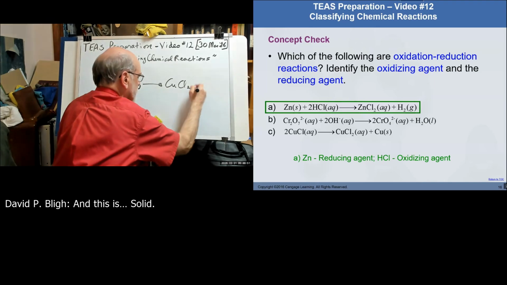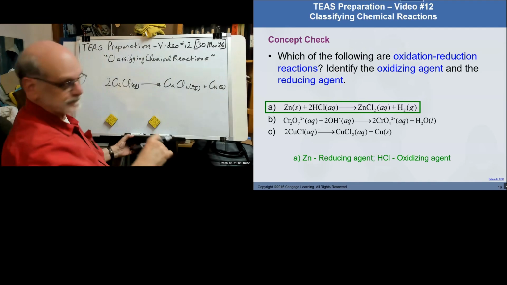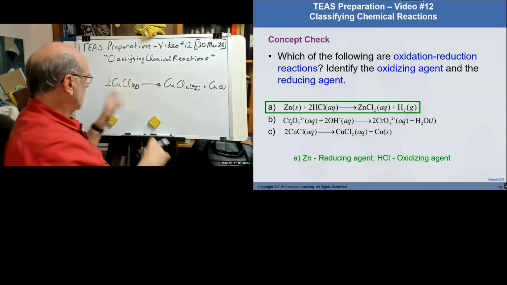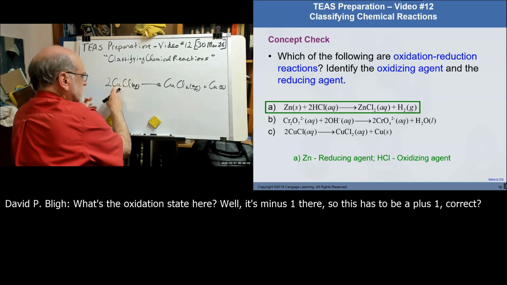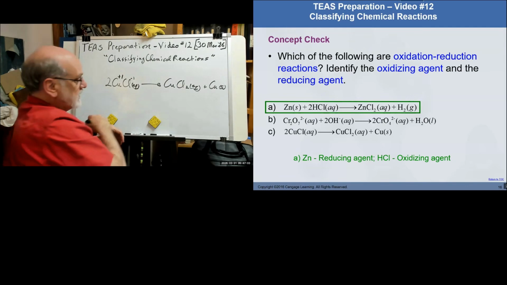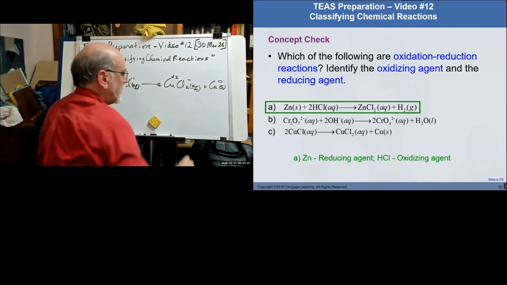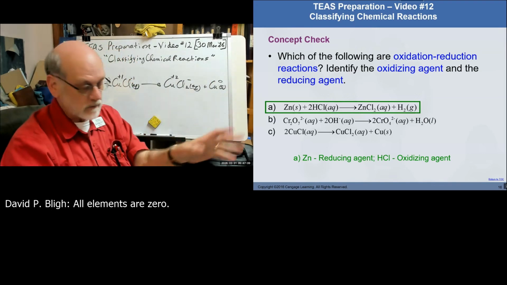This is aqueous, and this is solid. So what's the oxidation state here? Well, it's -1 there, so this has to be a +1, correct? This one's -1, so this one has to be a +2, and that's a 0. All elements are 0.